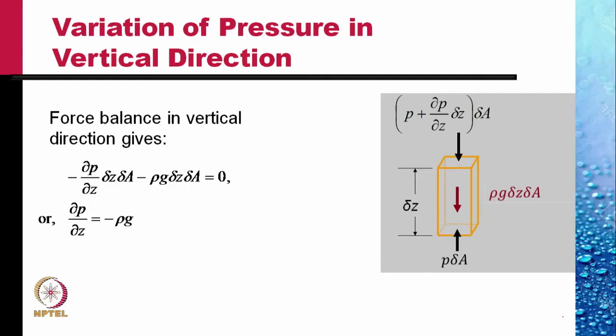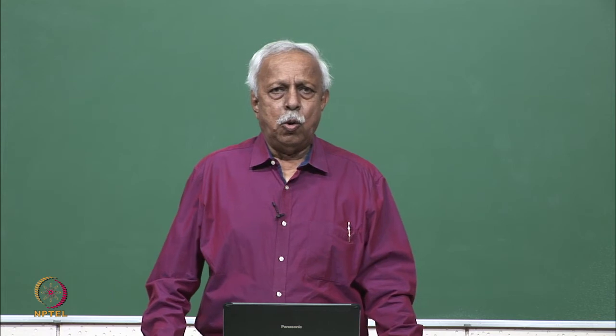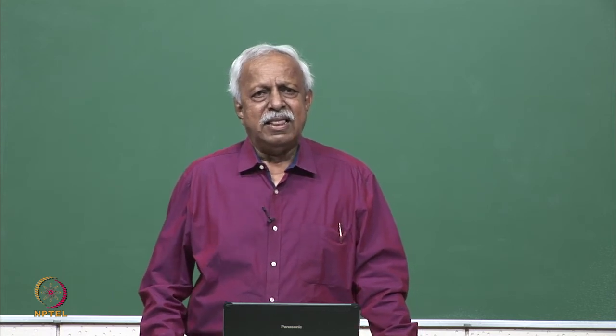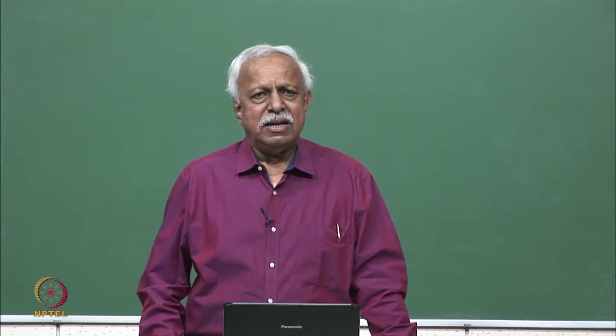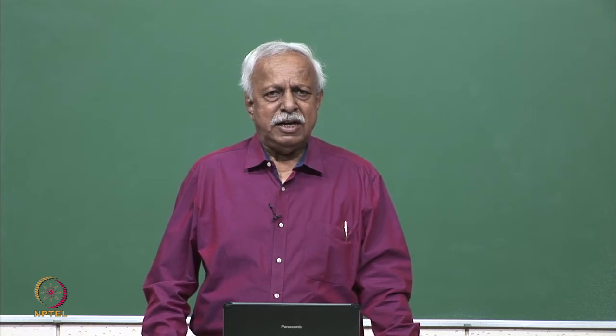Even when the density of the fluid is not constant, the same equation is applicable because we have taken a very small element. So, del P by del Z would be minus rho g, where rho is the density at the location we are calculating the pressure gradient at.